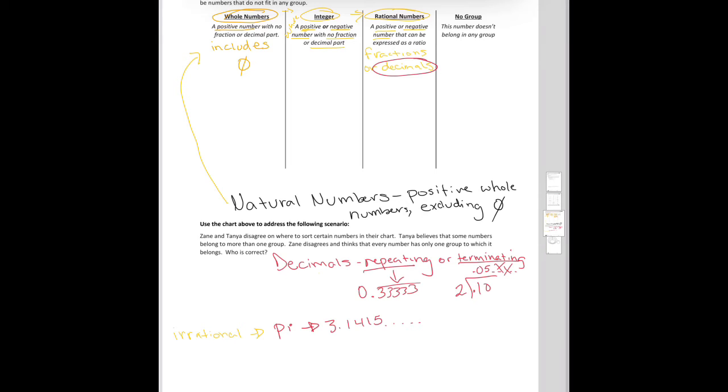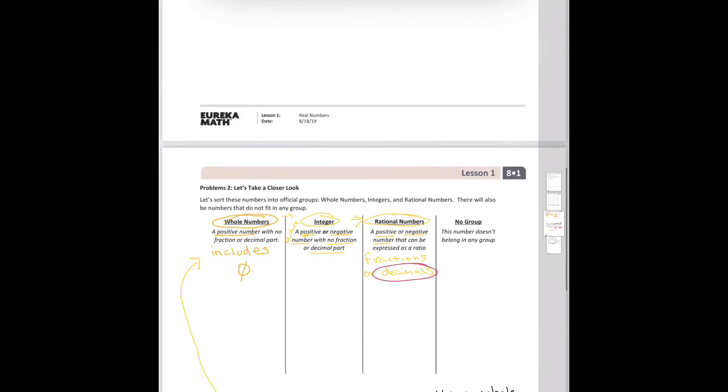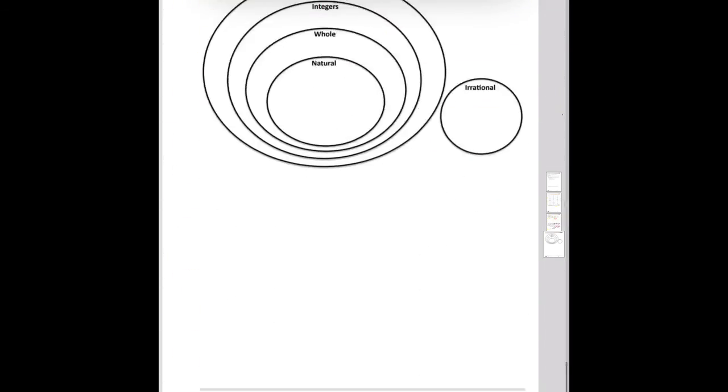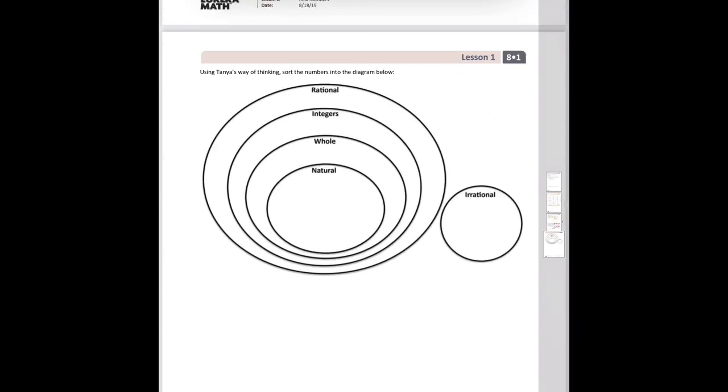So you guys in a moment are going to actually put these numbers into this fun little diagram. So again, like I told you guys, natural numbers can be whole numbers, which are integers, which are rational numbers.